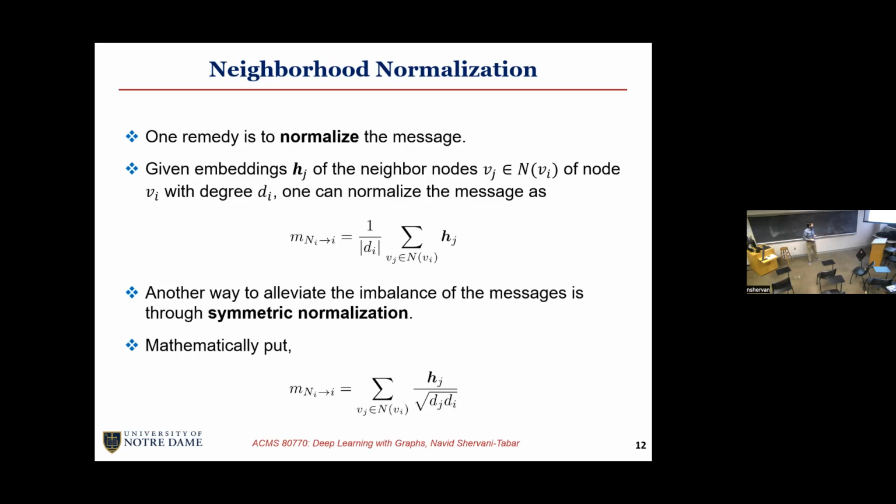So each embedding coming from node Vj is normalized by the square root of the degree of the node that is sending me the embedding and the degree of the node Vi that is receiving the embedding. This is another method to normalize the messages, and it's called symmetric normalization.